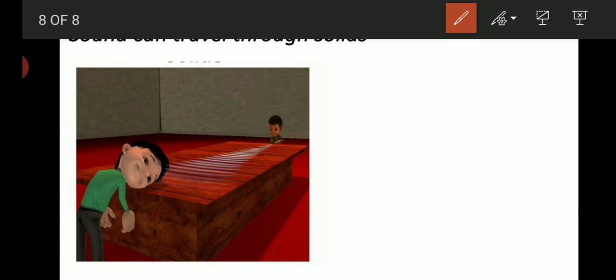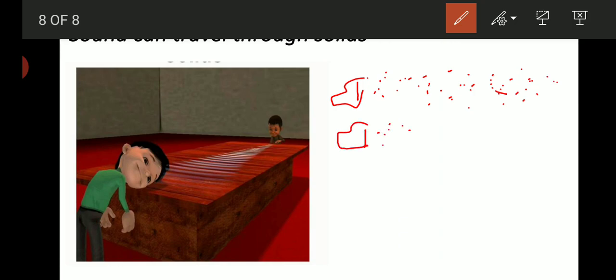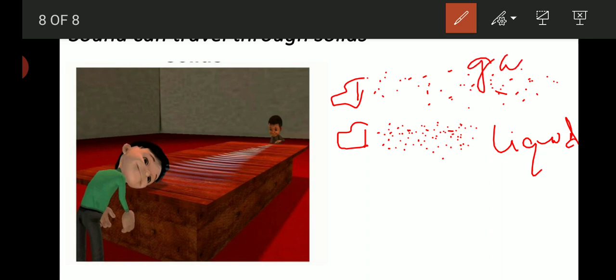In the air, the molecules are far apart from each other, so from the source it takes time. And in case of liquid, the molecules are a little bit closer to each other, not like in air. You know very well that the intermolecular space in a liquid is less than that of a gas.